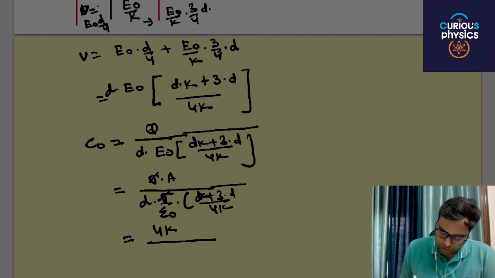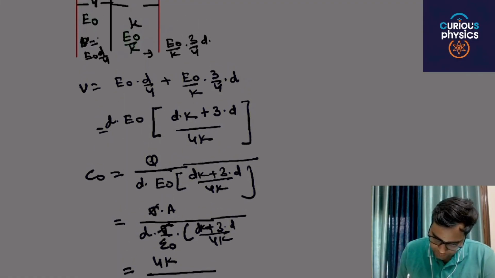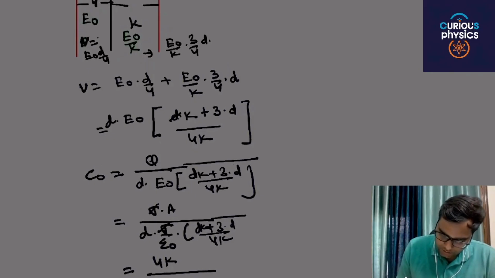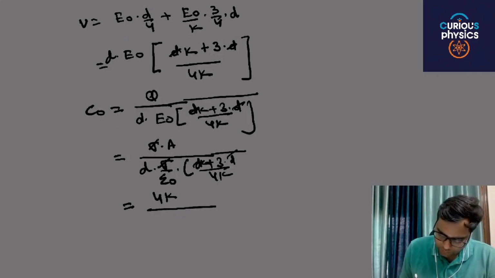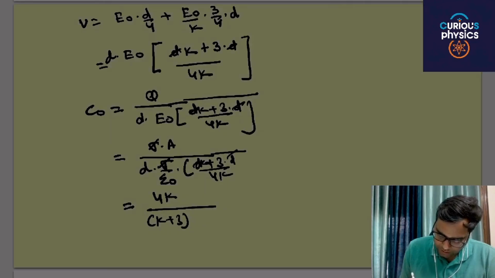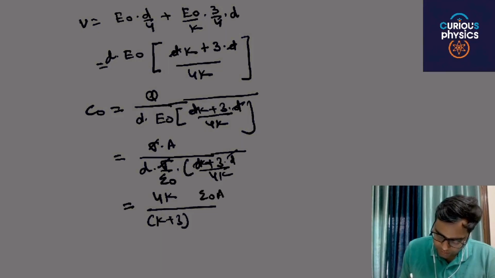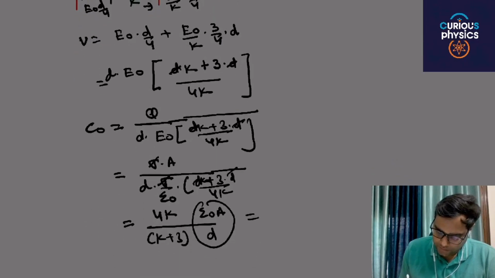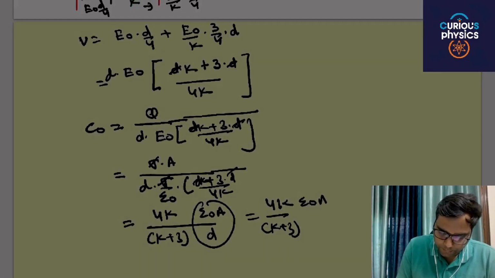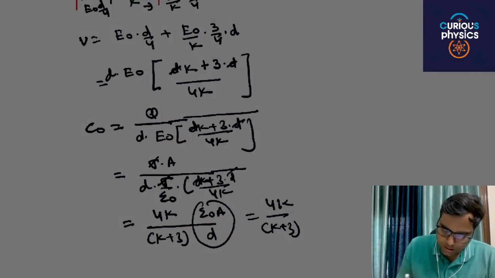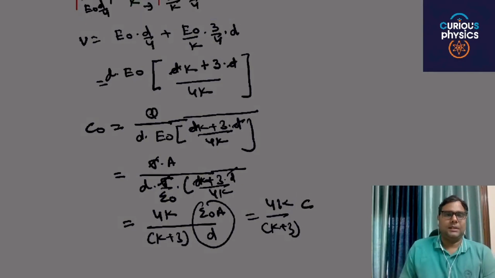This D will also come out. Initially we had this, so the value will be 4K divided by K plus 3 times epsilon naught A by D, and this epsilon naught A by D is the initial capacity. So the new capacitance is 4K divided by K plus 3 times the initial capacity.